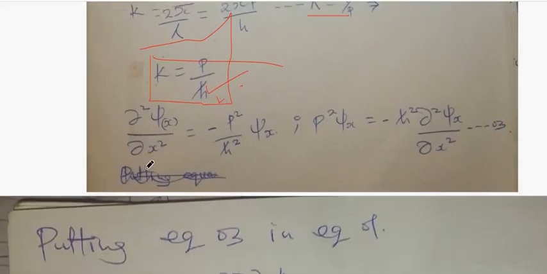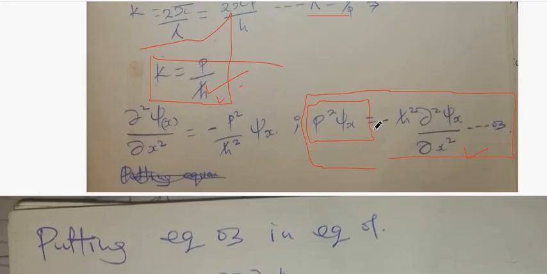Then we have delta squared psi of x all over delta x squared is equal to negative momentum squared all over h bar squared psi of x. Putting momentum squared psi of x as the subject of the formula gives equation 3.